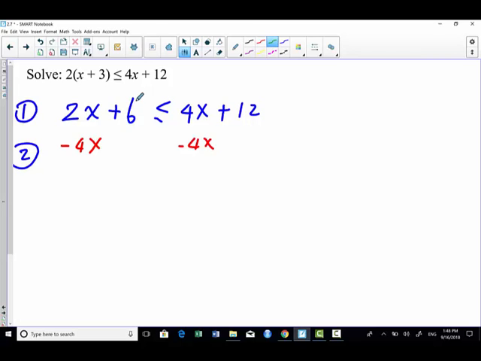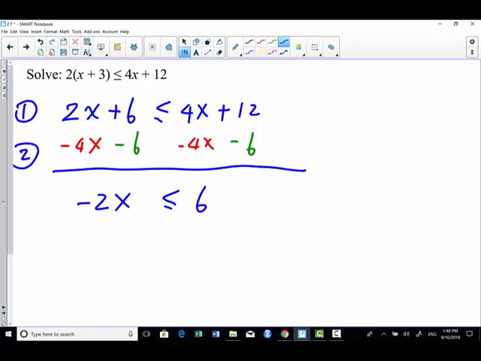So you're going to do the opposite of plus 6, which is minus 6 on both sides. And you end up with 2x minus 4x, negative 2x, on the left-hand side, and the right-hand side is 6. So this is the work of the second step.